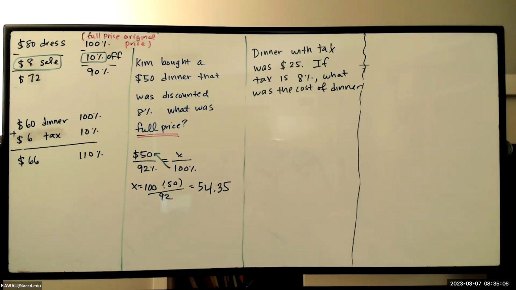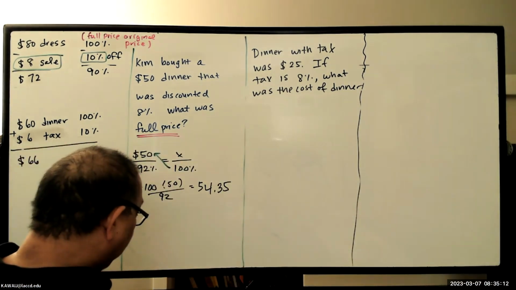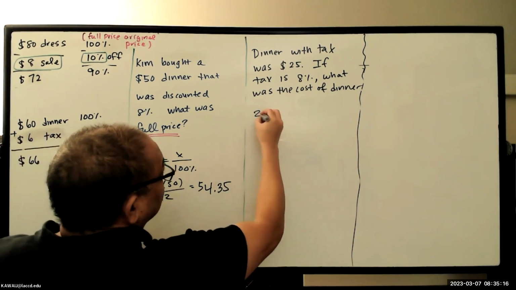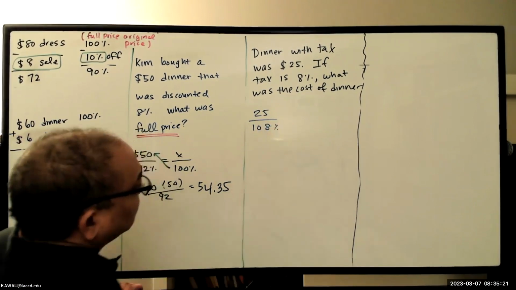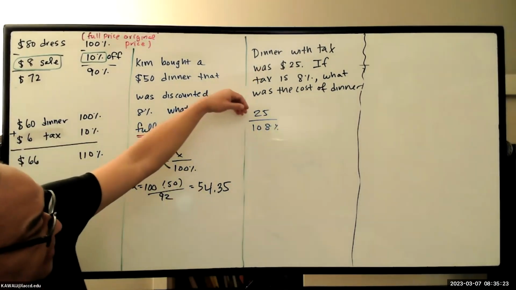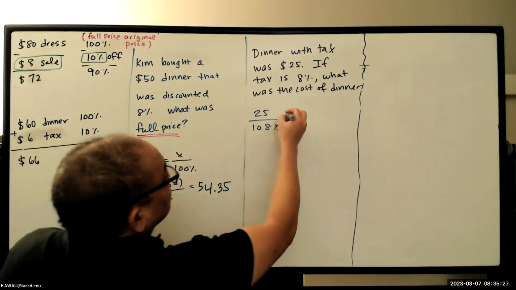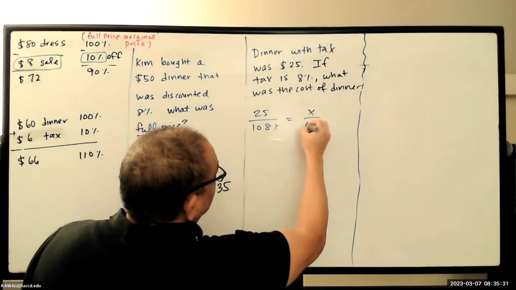Take a look at this one. All right. So dinner with tax is $25. So with tax, it's more expensive than the original. Right, so that's dinner plus the 8%. And this is equal to, we want to know what the original cost of the dinner was.